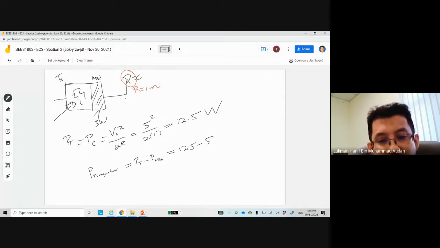Okay, 12.5 total minus 5, so you get here 7.5 watt. This is the average remaining power at the transmitter.